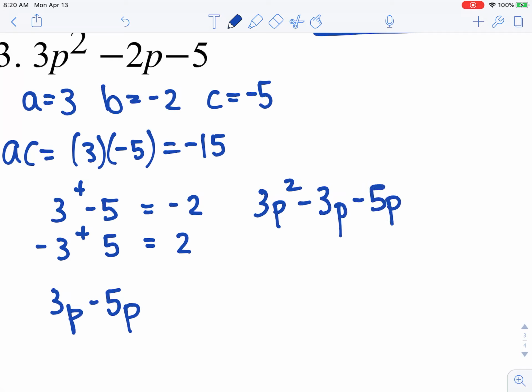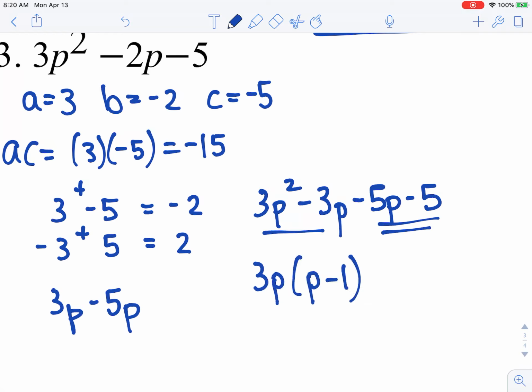Minus 5p minus 5. So I group those two, factor out of 3p. And once again, I need a p minus 1.